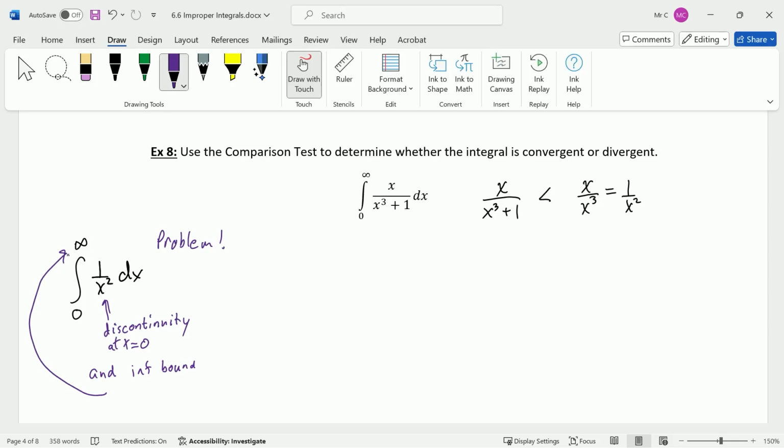So the way you would normally deal with this is you would split this thing into two. Maybe I'd separate it from 0 to 1 of 1 over x squared dx plus the integral from 1 to infinity of 1 over x squared dx.